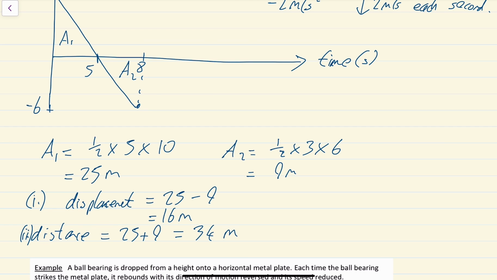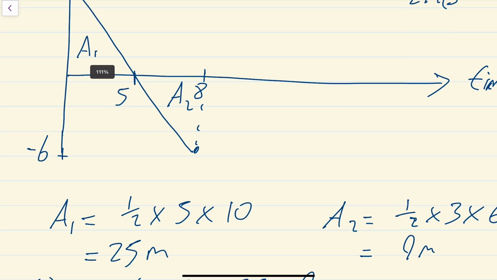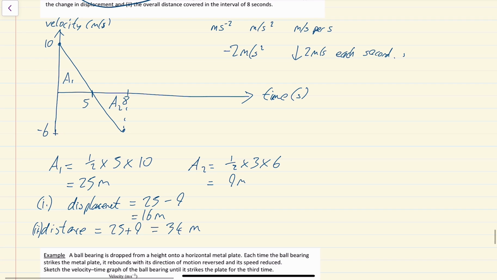That 25 here was in the positive, but this was in the other direction, so they counteracted each other a wee bit for displacement. But for distance, total distance is out this way. Here I had gone 25, and this way we'd worked out I'd gone a distance of 9, and this distance, 25 plus 9, is 34.